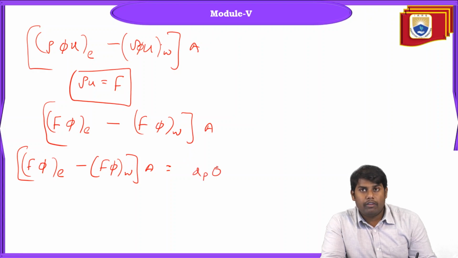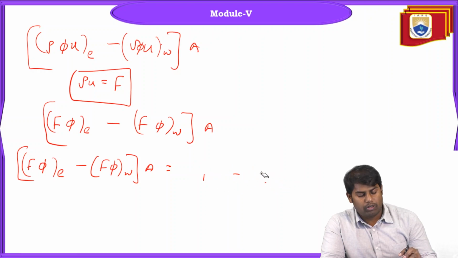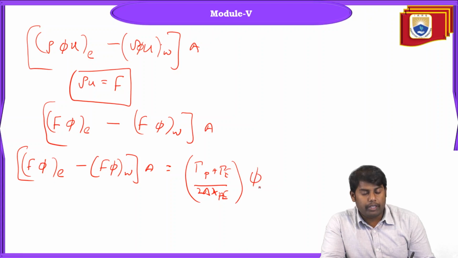So we have ap phi p minus ae, or we can write with the total terms, where we have gamma p plus gamma e by delta x into phi p.